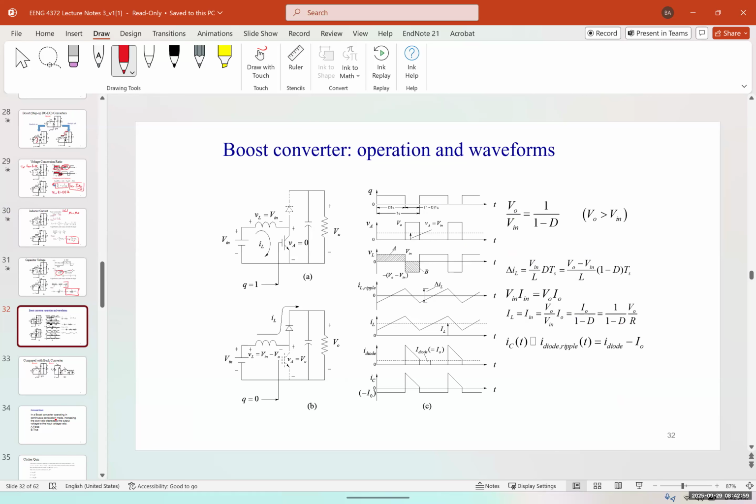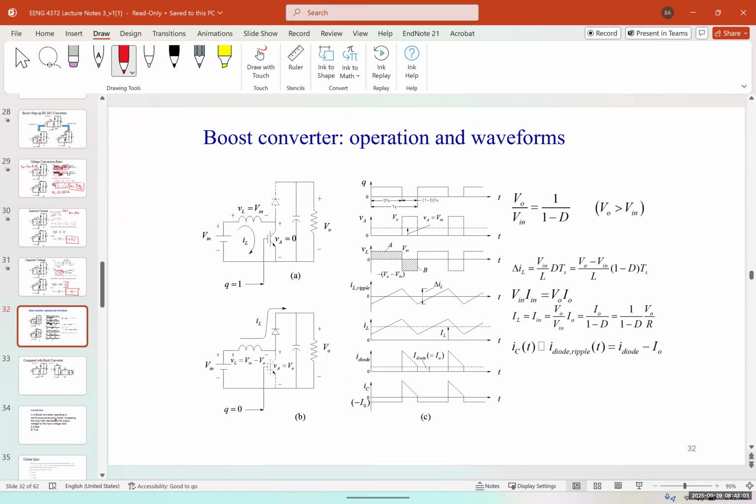So this slide shows all the equations for boost converter operations. And please write it down. I'm going to solve a practice problem.